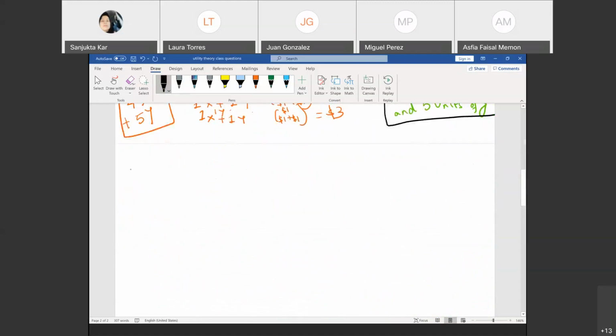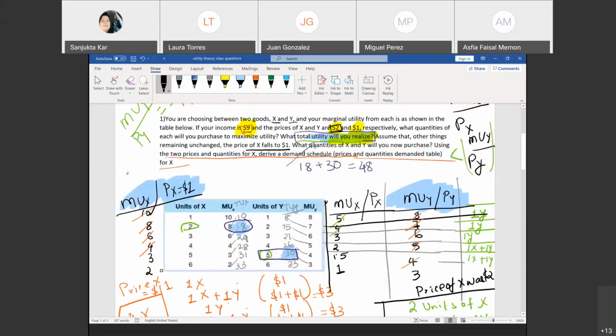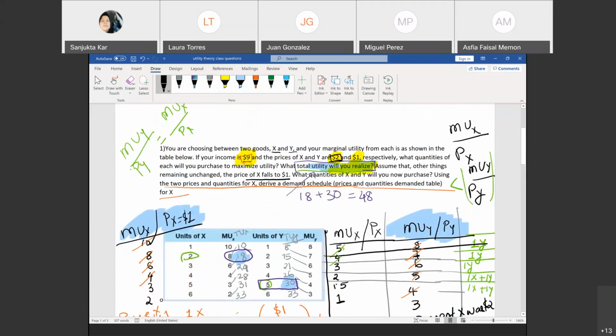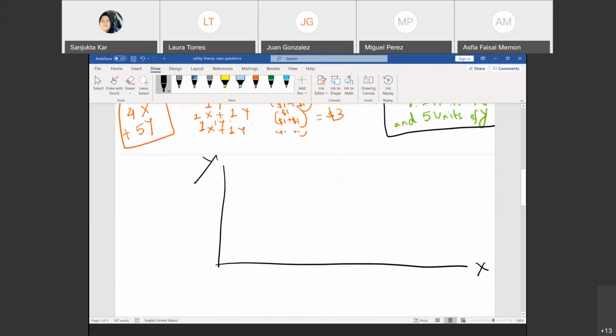All right, so let's say I have X on the horizontal axis, Y on the vertical axis. Price of X was initially $2. Price of Y was $1 here, and my income was $9.